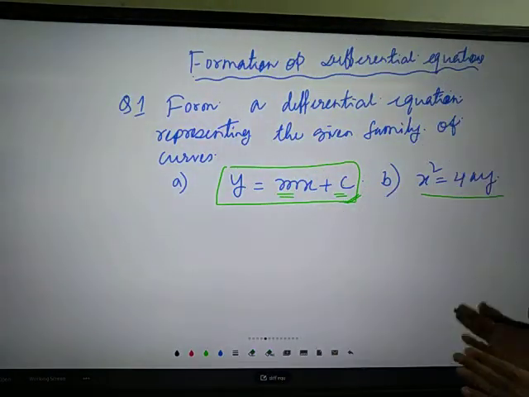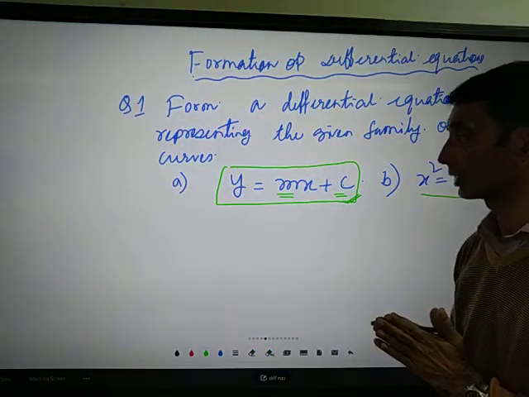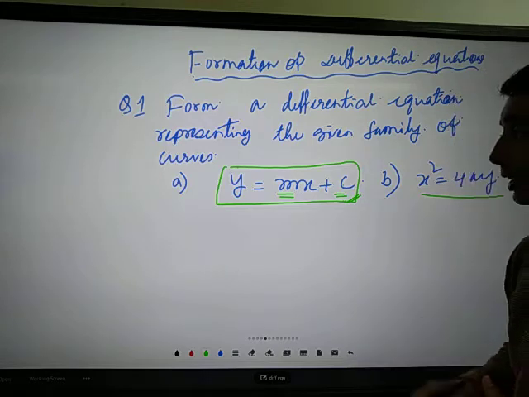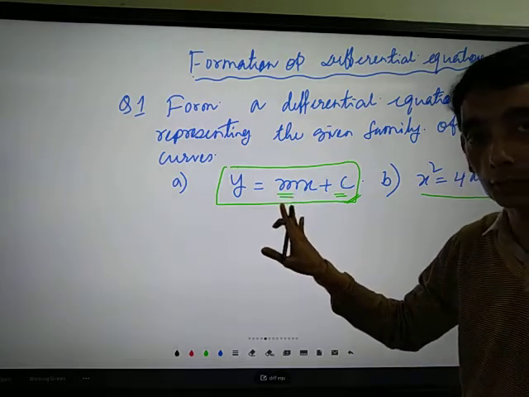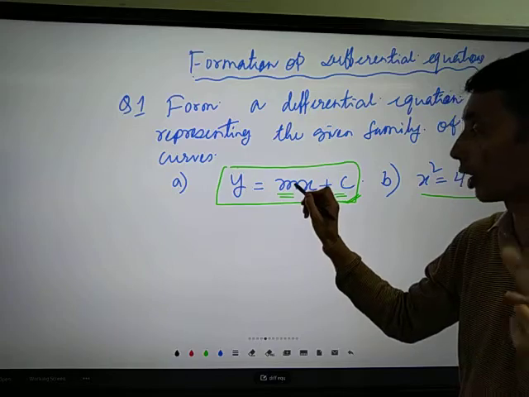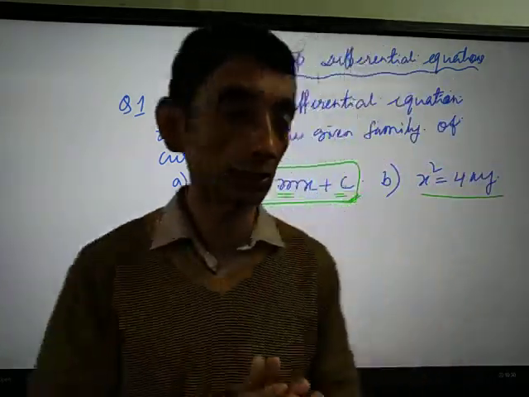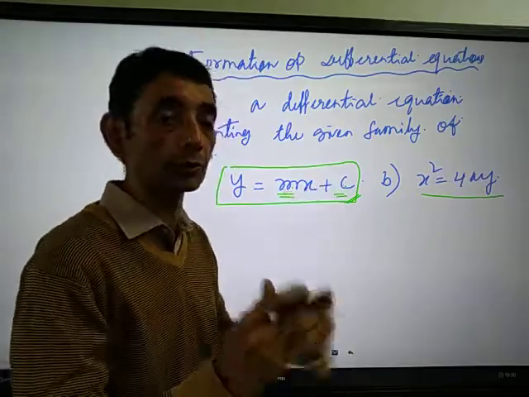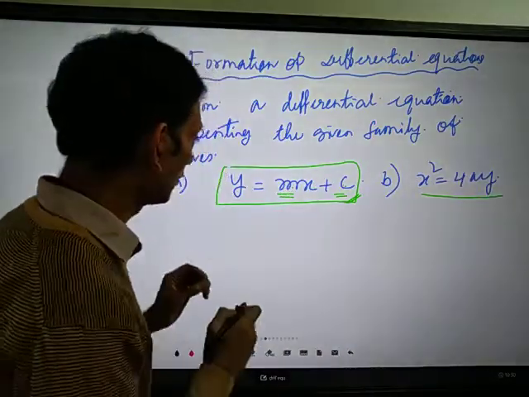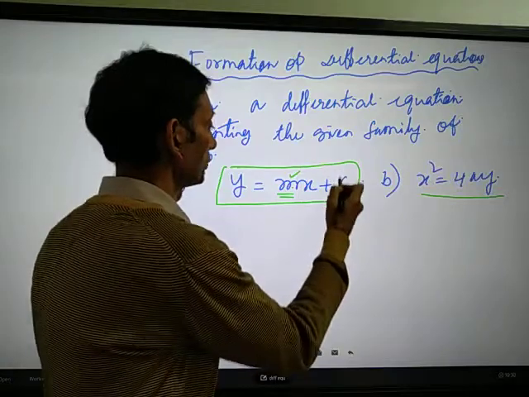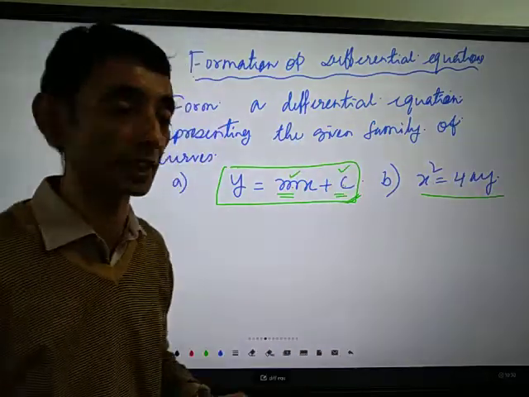And you should remember one thing: the order of the differential equation should be equal to the number of arbitrary constants. So here arbitrary constants are 2, so we need to differentiate twice. With the help of that, we try to eliminate the arbitrary constants.